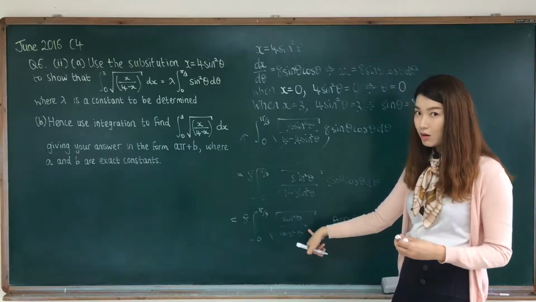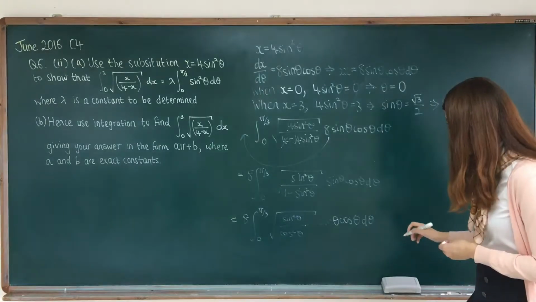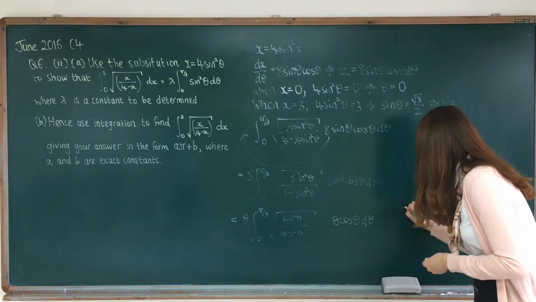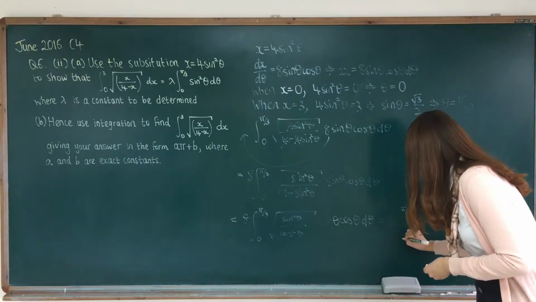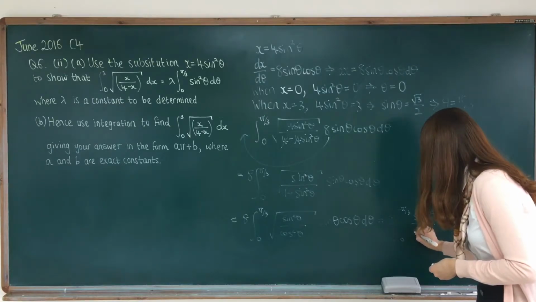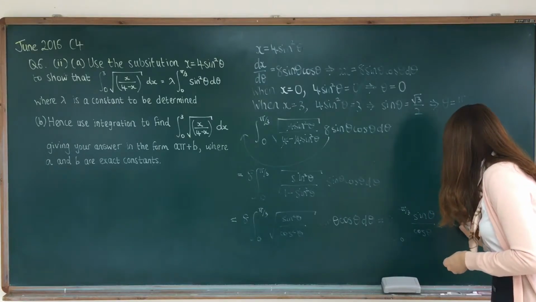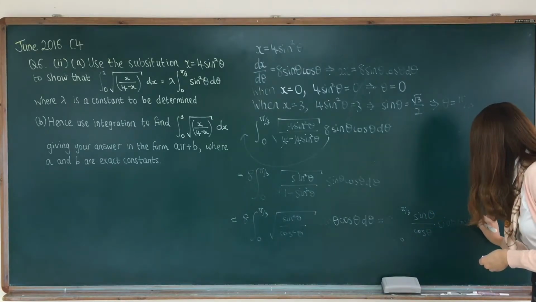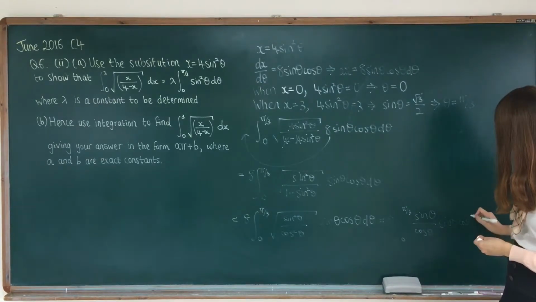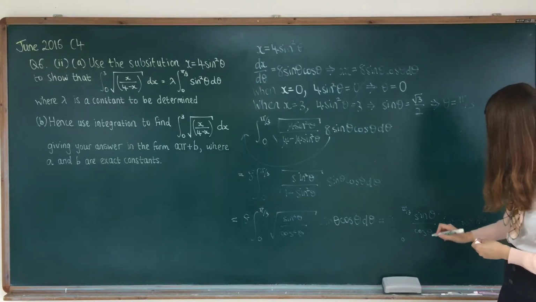And we can take the square root out because the top and bottom are both squared. And yay, the cosines cancel. And we have two sines.